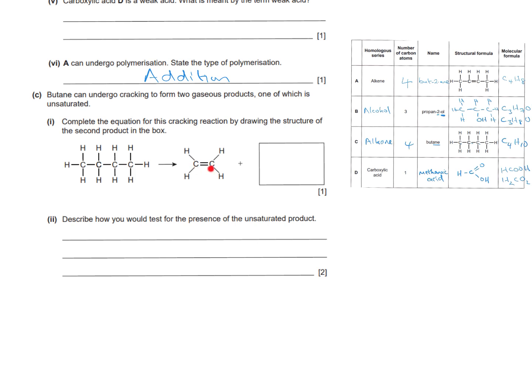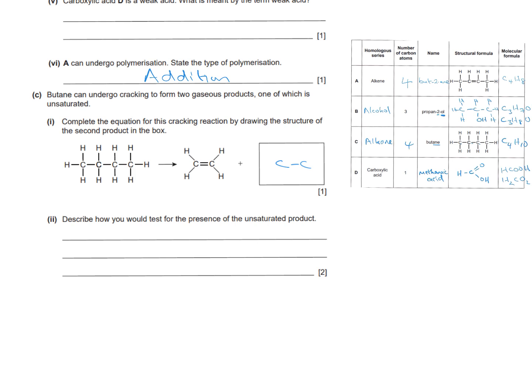Already have 2. That means there are another 2. And this molecule is going to be a saturated molecule. So remember, cracking is where that long chain hydrocarbon molecule is broken into a shorter chain saturated molecule and an alkene. We already have the alkene here. So that means this one has to be an alkane, a saturated molecule.